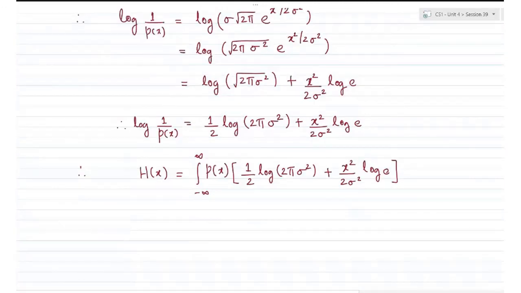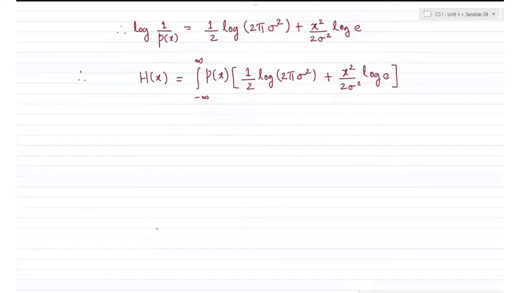We can multiply this p of x into both the terms, and pull out what is not varying with respect to x, since it's a constant term.